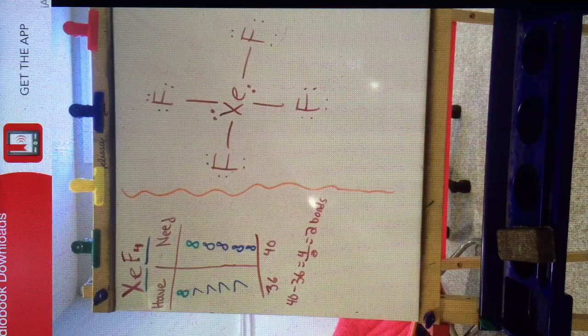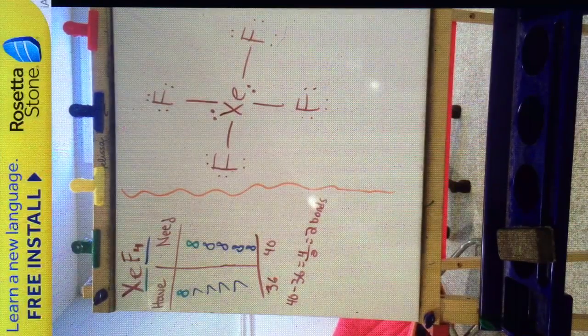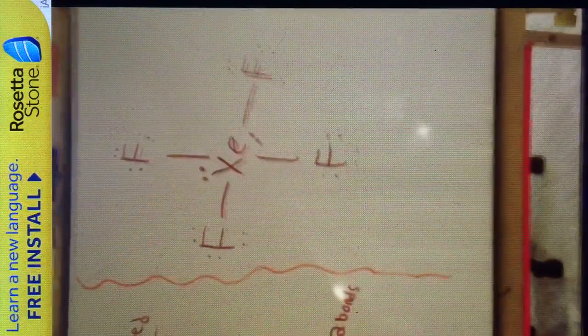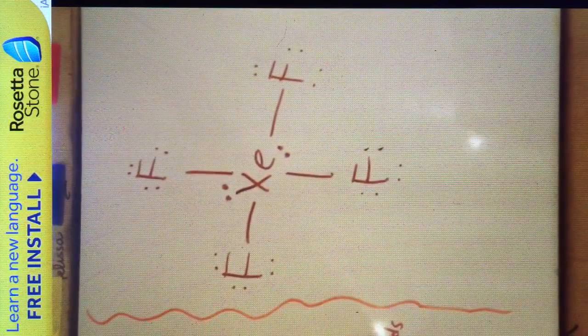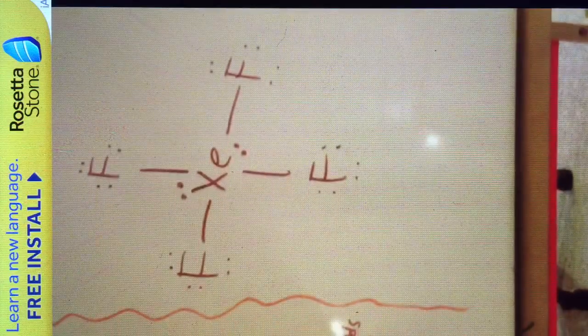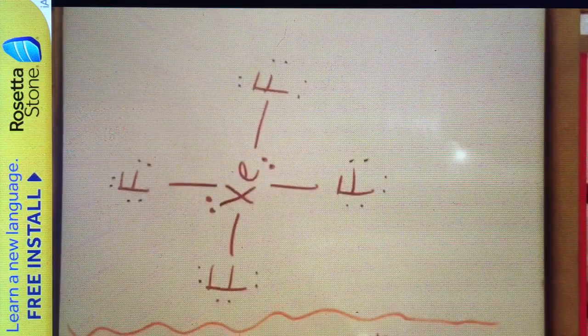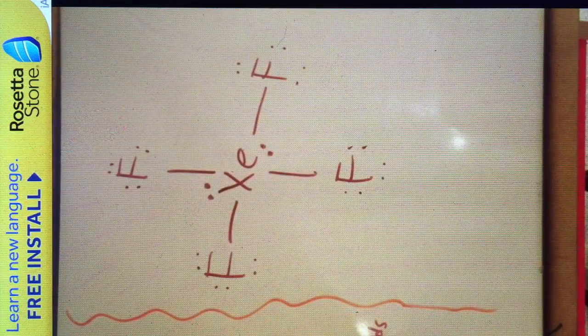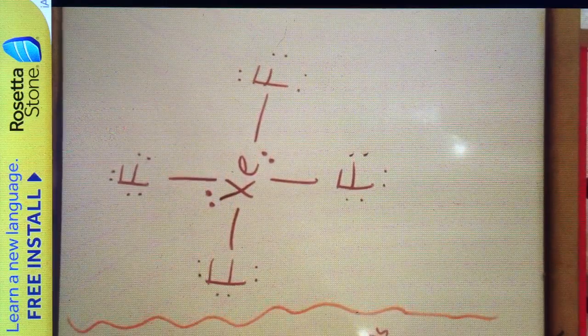So what we need to do is throw these extra electrons onto the xenon atom, and this would be the final electron dot diagram for the xenon tetrafluoride molecule.